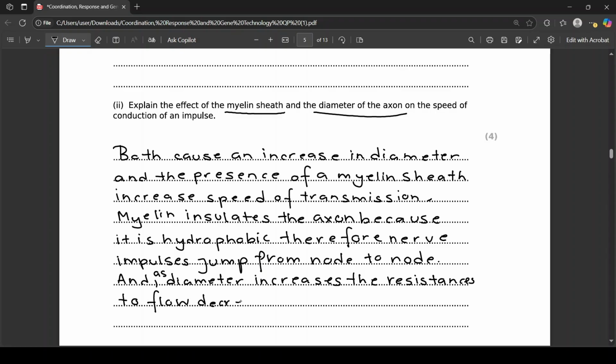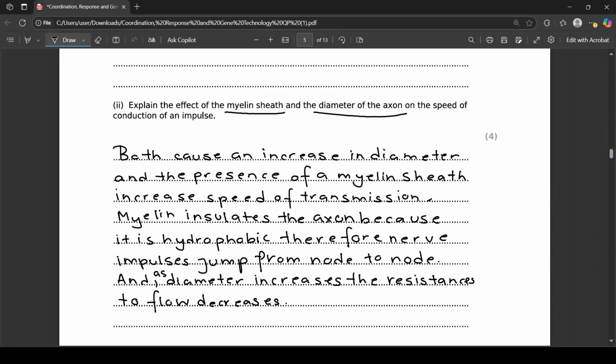So what essentially happens here is that when these impulses jump from node to node, their speed actually decreases because they're facing resistance from the other side.